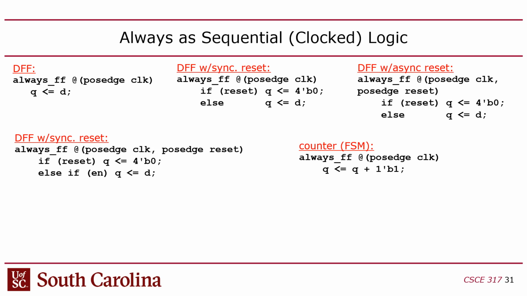It captures a bit and holds it there until the next clock cycle. It creates memory. It's used for creating pipeline registers, which hopefully you covered in 212, as well as finite state machines, which you probably haven't looked at yet. But it's just clocked memory.